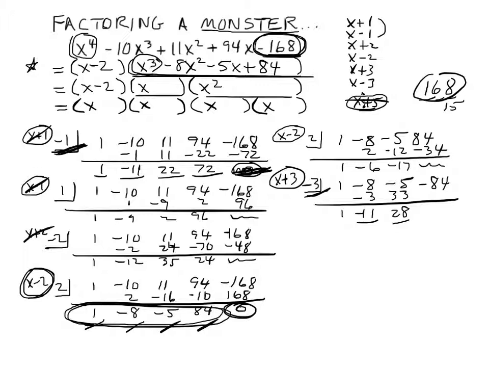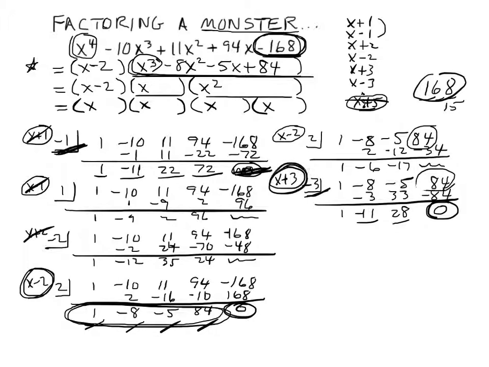This number should be a positive. You see I copied the 84 wrong. I made it negative, and it's supposed to be positive. So let me get my eraser out here and erase this minus sign. Go back to my writing tool, so now I get minus 84, and I get a remainder of 0.